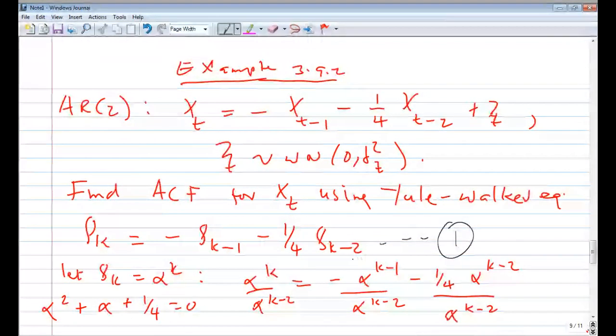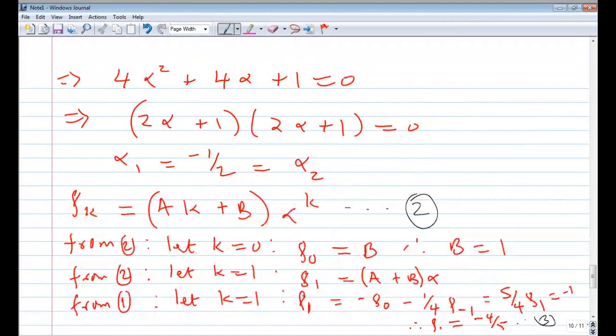We are letting K to be equal to 1. If you let K to be equal to 1, here you're going to get rho 1, isn't it? Which is equal to minus rho 0, and you're going to get rho -1. Are we together? This is what we got there.